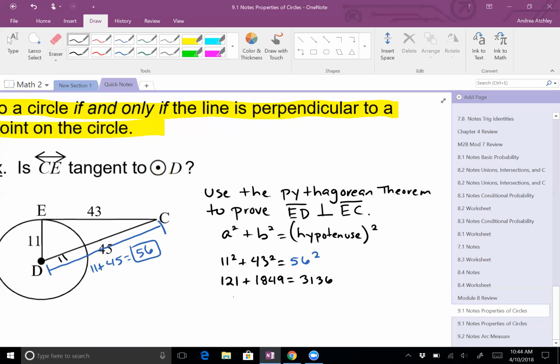Okay, so from there we add the 121 plus 1,849. So this gives me 1,970. Does that equal 3,136?